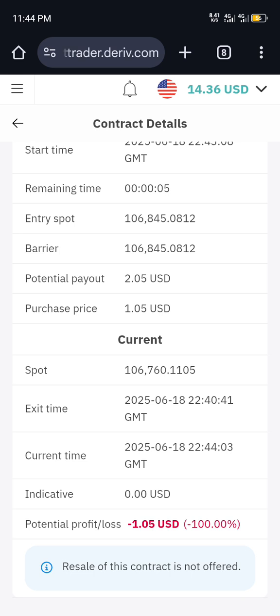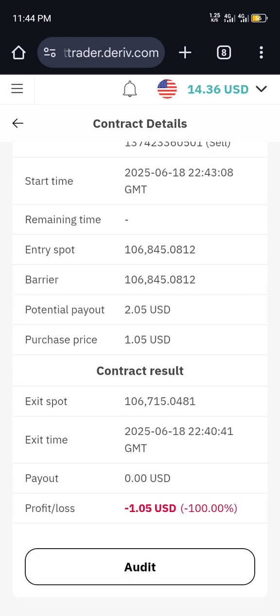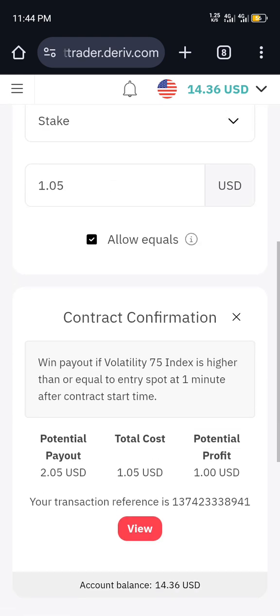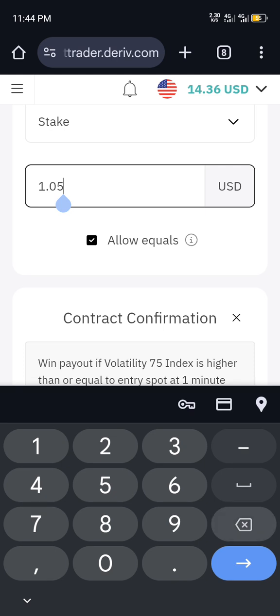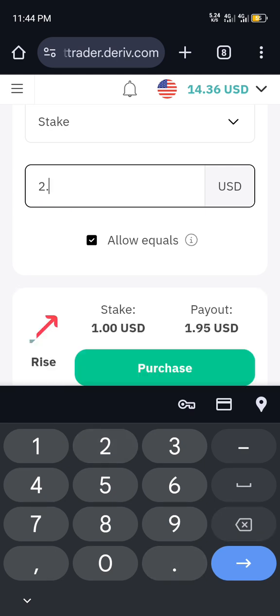So we'll be moving to the next stage, which is $2.10. That is the third stage in a trading cycle.